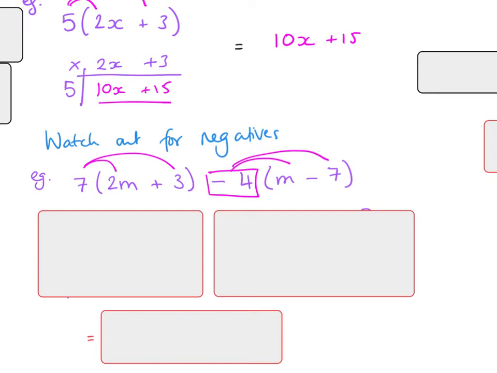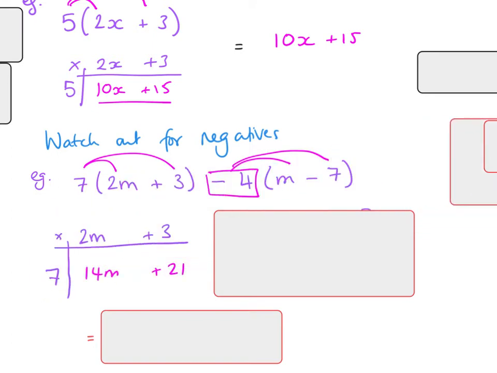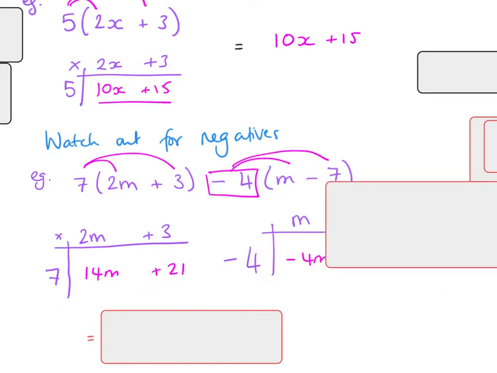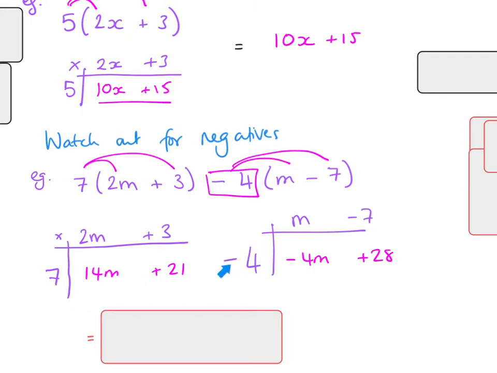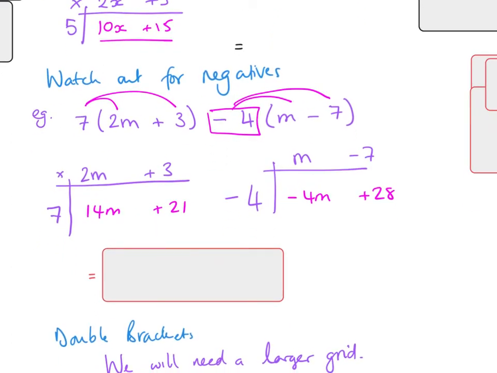If we expand the first bracket to start with, we can see that we've got the 7 times 2m is 14m, and then the 7 times the 3 gives you that 21. Now when you carry on with the second part of the question, you're going to end up with minus 4 times the m, which is minus 4m, and then minus 4 times the minus 7 will give us positive 28. Once we've got that, we've then got to simplify the pink values together.